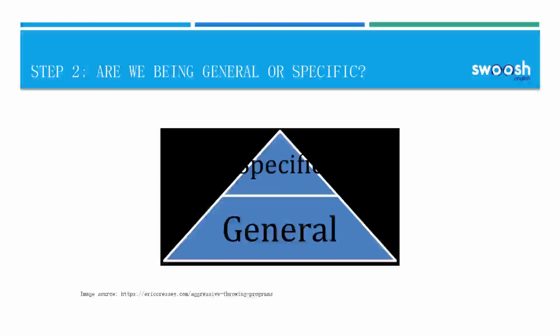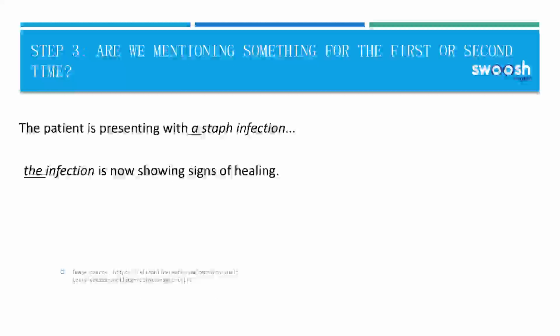With the disease or the injury, we start by mentioning it to begin with without an article, in this case, severe bruises. And if we mention it again, then we will use the definite article because we'll be becoming specific. We start with the general and then we move up to the specific. And this relates very much to step 3. Are we mentioning something for the first or second time?